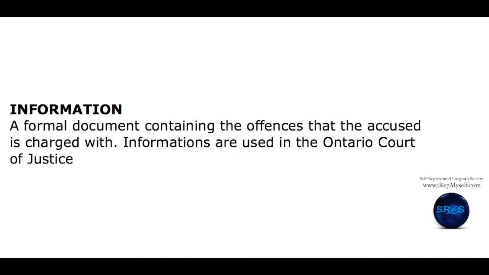You can also see provincial offenses starting out on an information. Also in the criminal spectrum, you can see a peace bond application issued on an information. Essentially, it just contains the particulars of the crime, when, where, what happened, and the charge information.